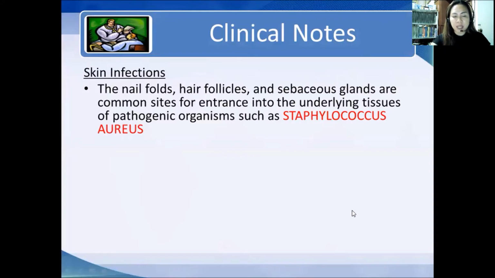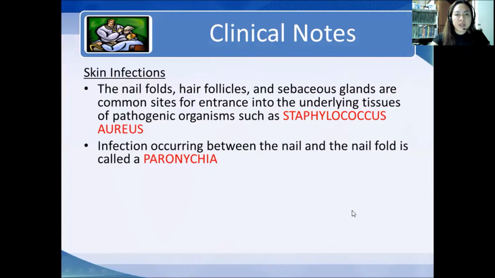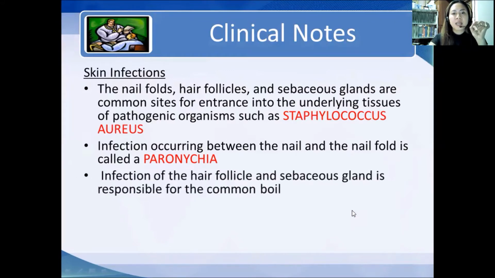They live in the skin, so they can easily infect the nail folds, the hair follicles, the glands, na pwedeng mag-swell eventually. So this infection occurring between the nail and the nail fold, we call this one paronychia.